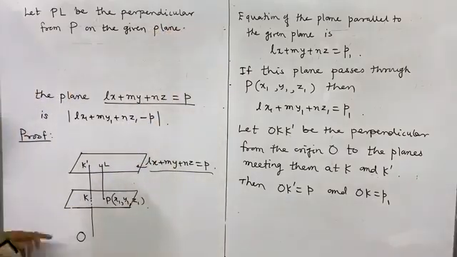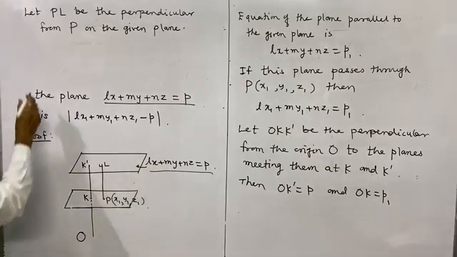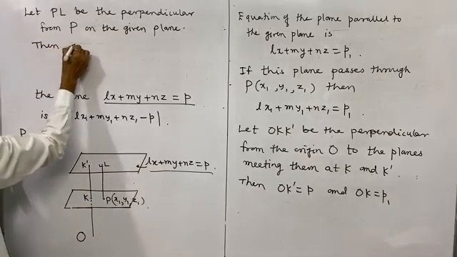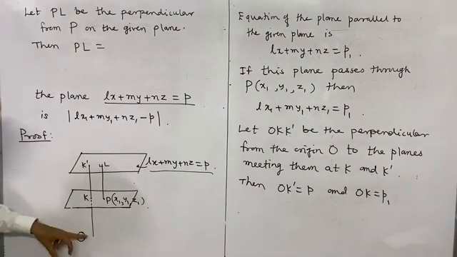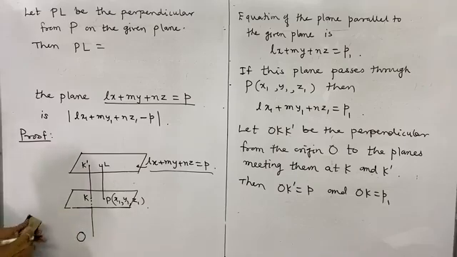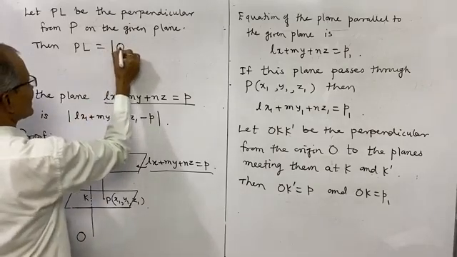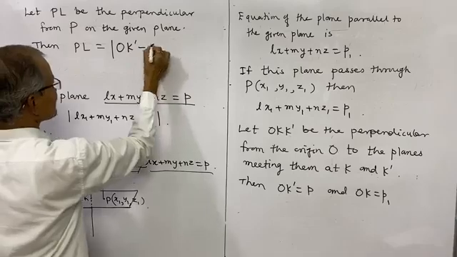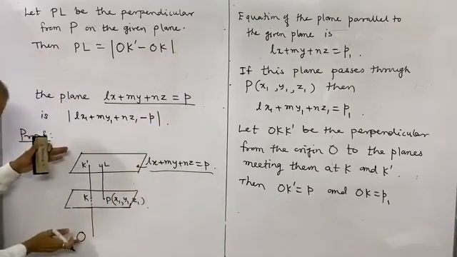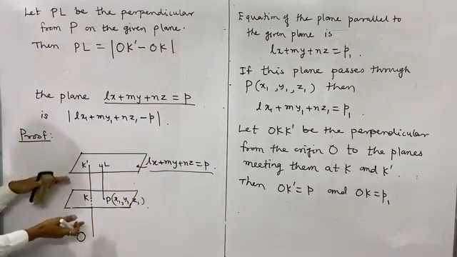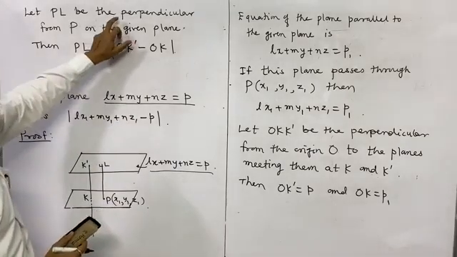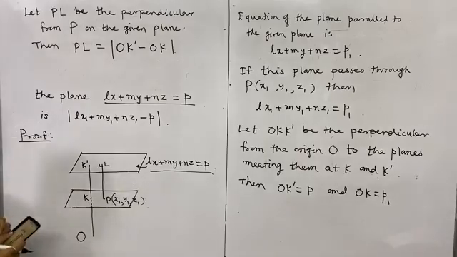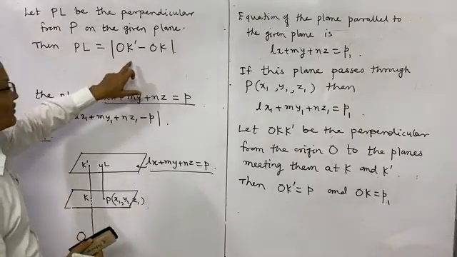Then what we will have, PL is equal to OK dash minus OK, this length O to K dash minus O to K, or that is we will write in absolute difference, OK dash minus OK, because if this position is interchanged, then there will be the change in sign, but the length is always positive, so that's why we will take the absolute value.